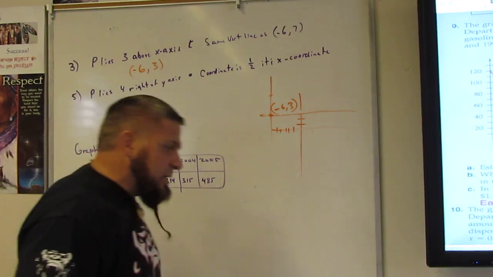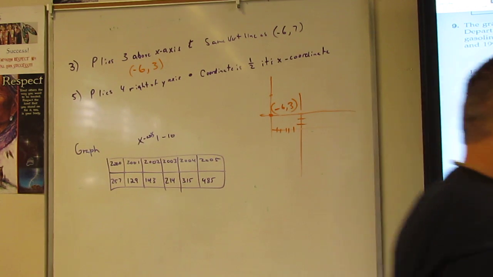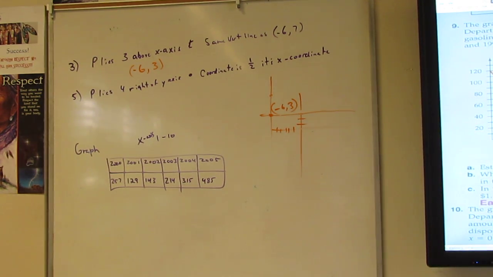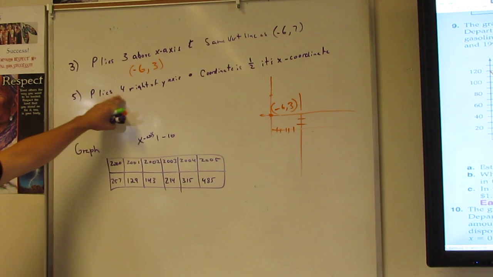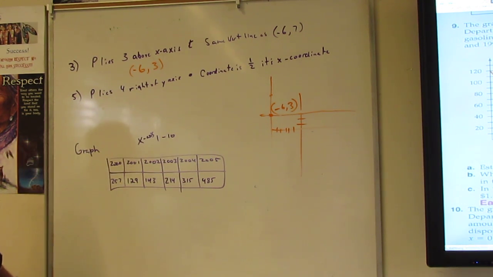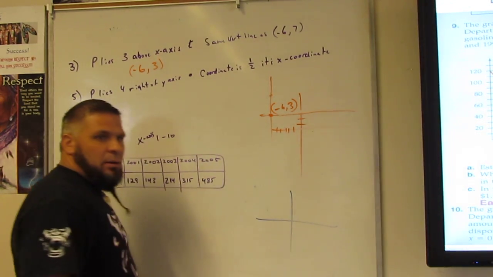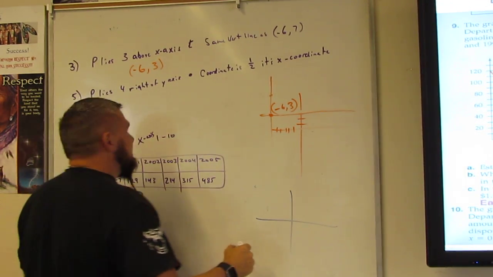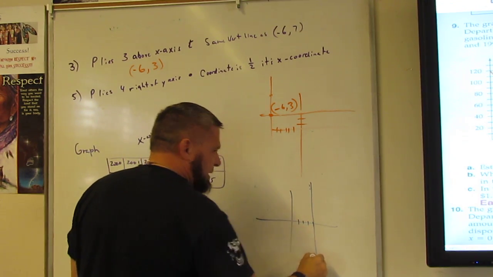Okay, and then I change my color. Where's my pens? Oh, here they are. The next one. P lies 4 right of the y-axis. So if I do it again, right of the y-axis, 4, 1, 2, 3, 4, that means it's somewhere here.